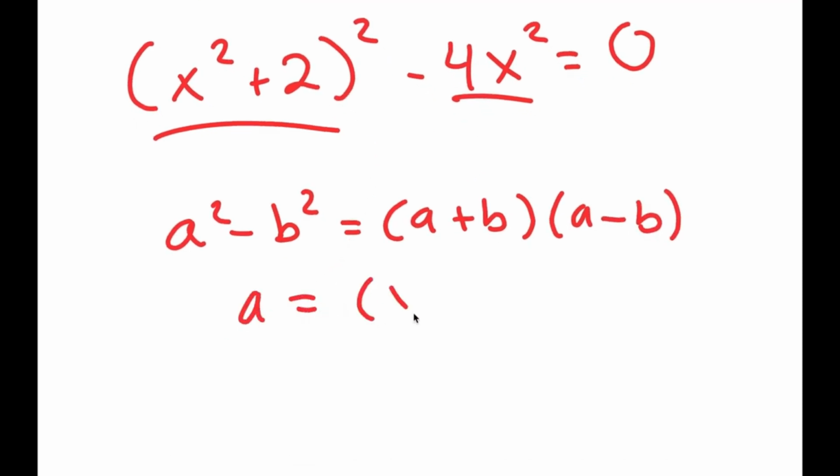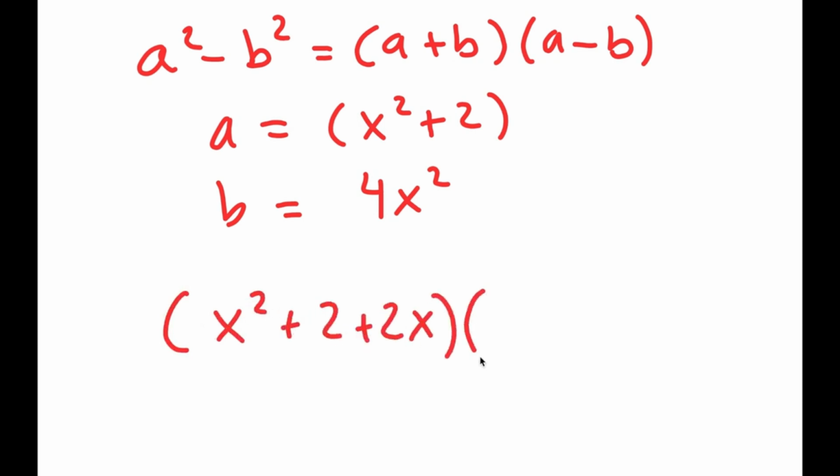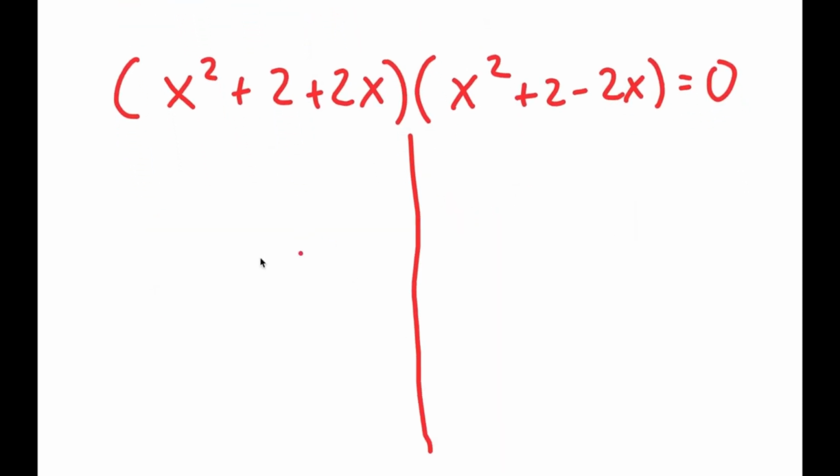A in this case we can think of as x squared plus 2, and b we can think of as the square root of 4x squared, which is 2x. So now I get x squared plus 2 plus 2x times x squared plus 2 minus 2x is equal to 0. And this gives me two equations.